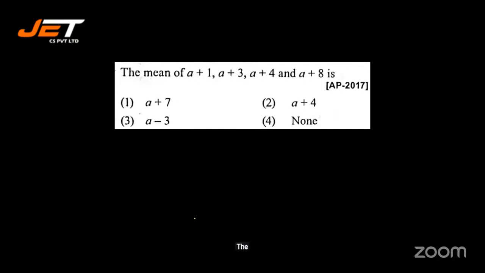The mean of a plus 1, a plus 3, a plus 4, and a plus 8 is dash. Very simple, just add up everything and divide it by 4. That's all. So think, do it, and then give me the answers.